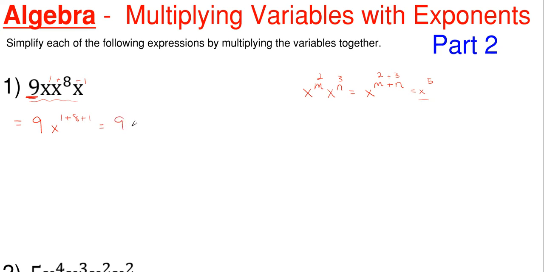So we have 9, which stays the same, times x, and then adding our powers together gives 10. That is our answer for the first one: 9x to the eighth times x simplifies down to 9x to the 10th. Whatever we were using this expression for, this is much easier to utilize.